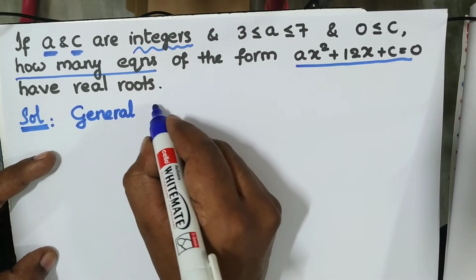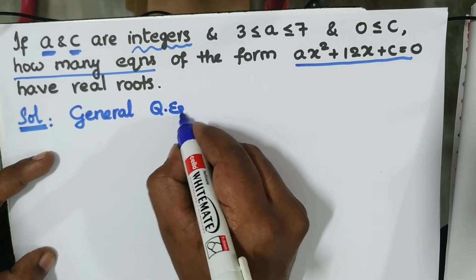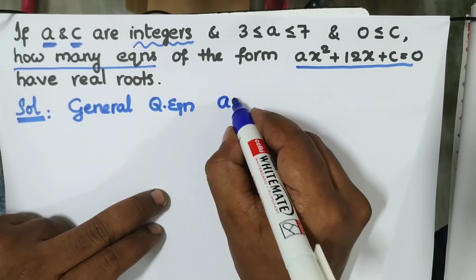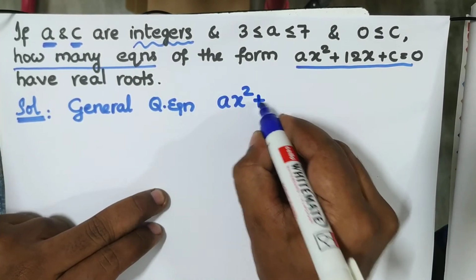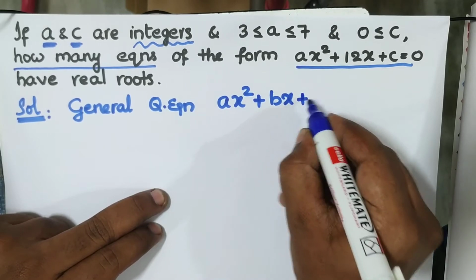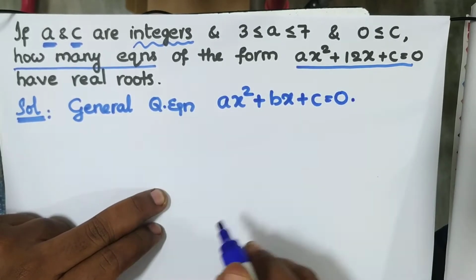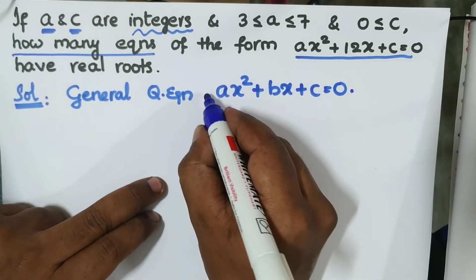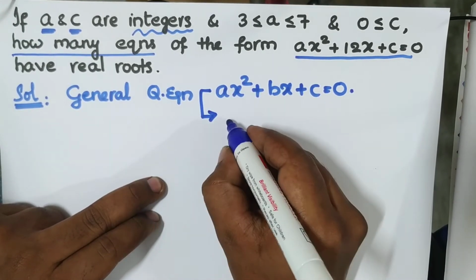You take a general quadratic equation. Now a general quadratic equation is this: ax square plus bx plus c equal to 0. All right, so this is what you have. And how do you find its roots now?